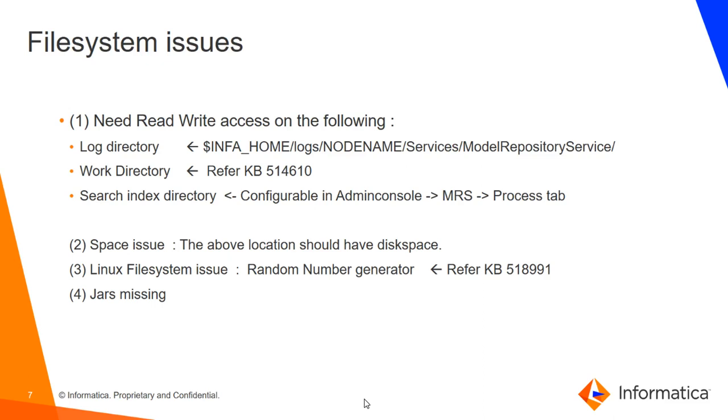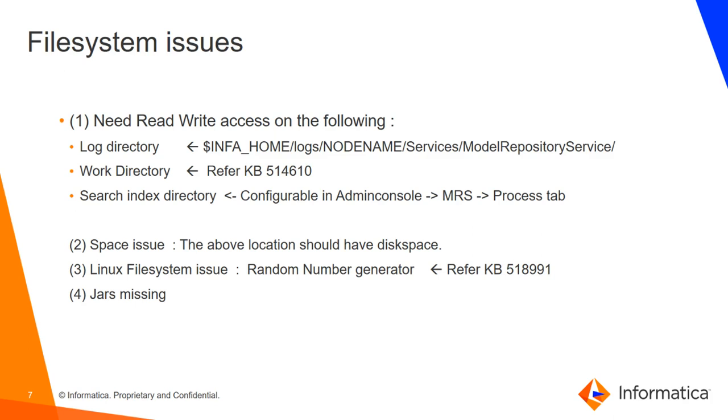So coming to the file system issues, these are the issues where the file system gets involved, and the reason why the MRS is not coming up is related to it. Now we have seen a lot of cases coming up for this one, and the common scenarios which are seen are the four I have quoted here, but there are a few more as well.